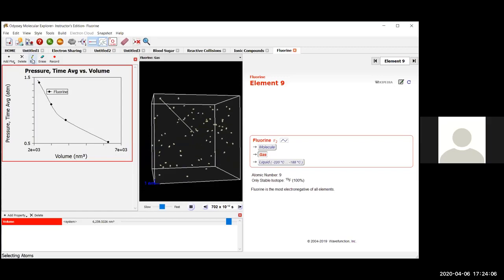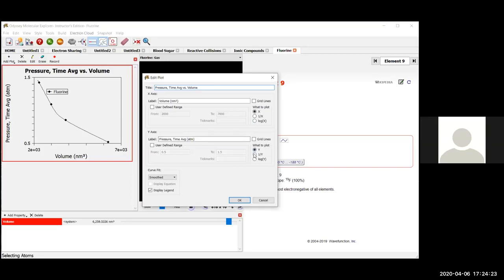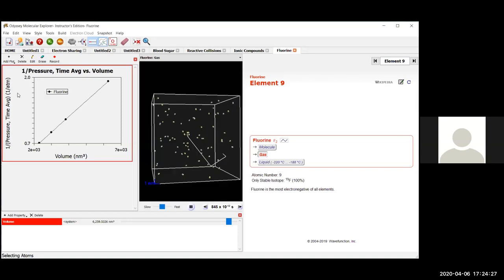This is a real simulation of the real physical system, and so you get dirty, in quotes, data, which nevertheless, if I change the plot to 1 over p versus the volume, here I'm already starting to get the linear dependence and so on.